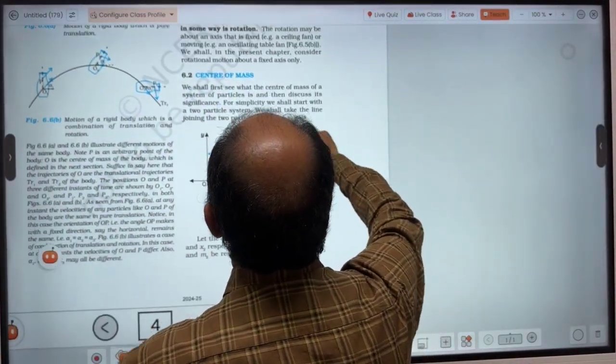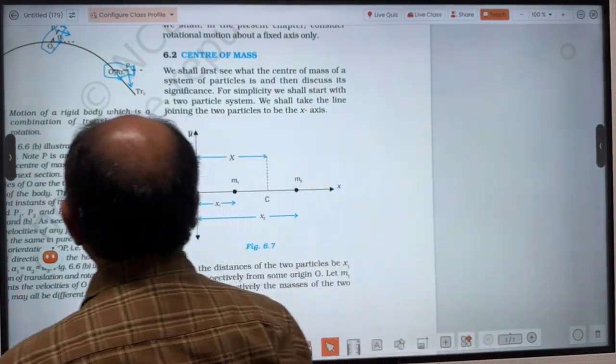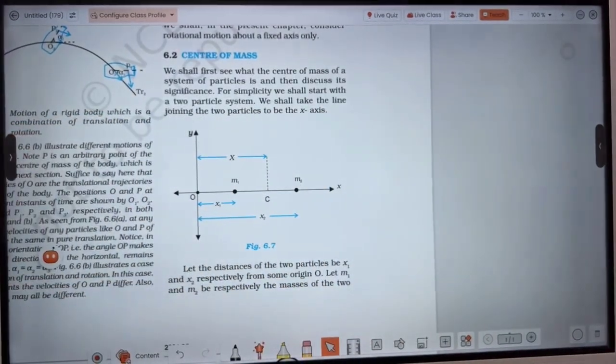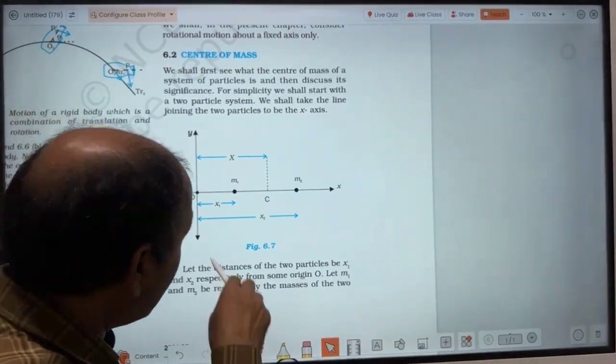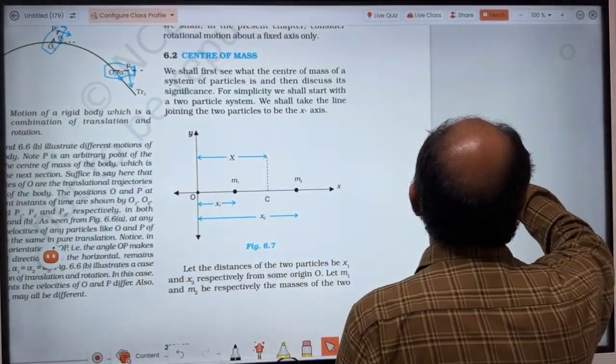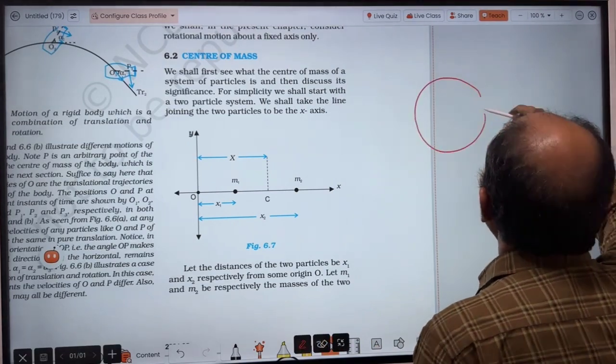Now there is one important concept called center of mass. Center of mass is that point inside or outside a body where it is assumed that the entire mass is concentrated. See the situation. Suppose you have a ring.